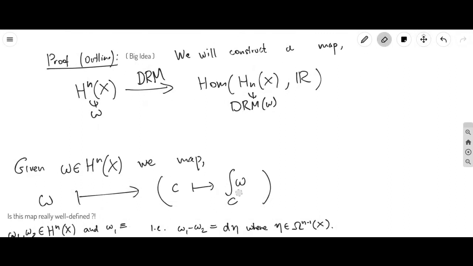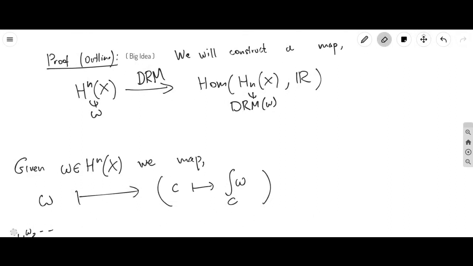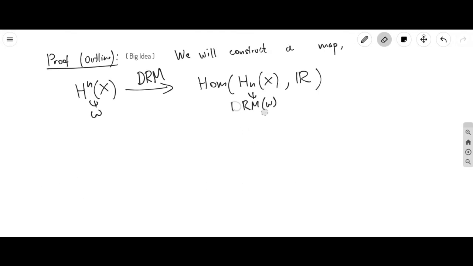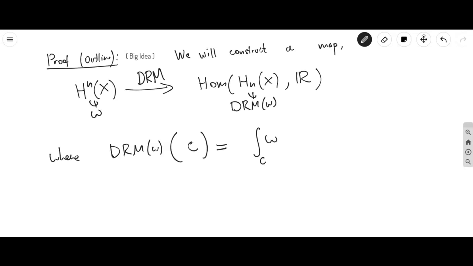But if the de Rham map of omega is in the dual, I have to say what it does to a chain. And what does it do to a chain? It integrates. That's what it does. And that's the big idea, that this is indeed an isomorphism, and from there, everything works out.